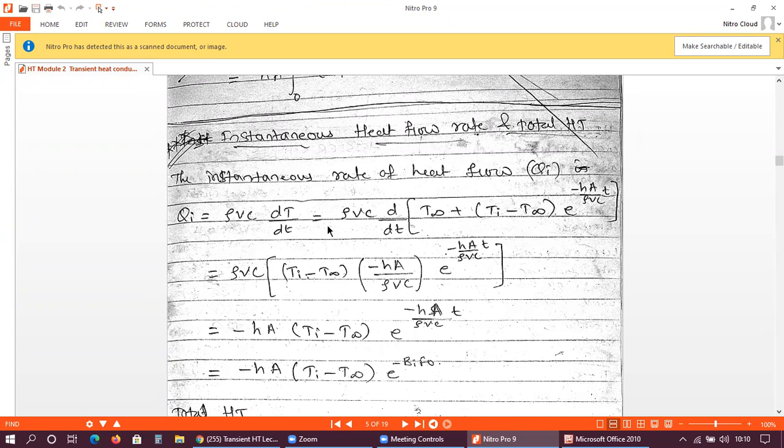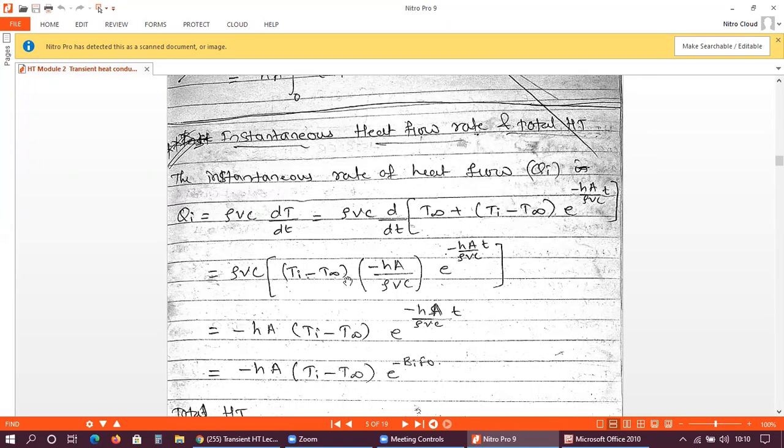Now you differentiate this with respect to time. It is e raised to x kind of differentiation. Take rho Vc common. Then this T infinity will be a constant, so it will go to 0.